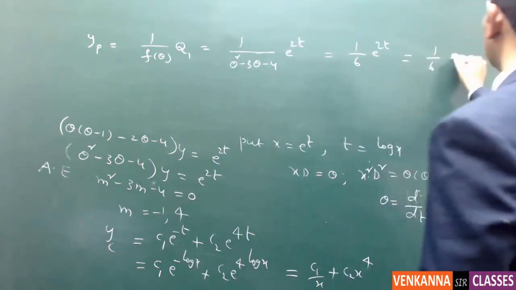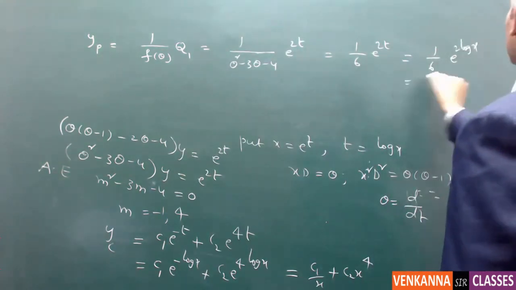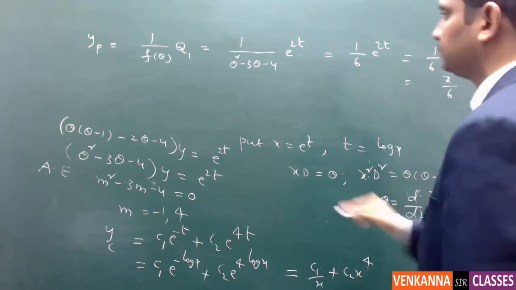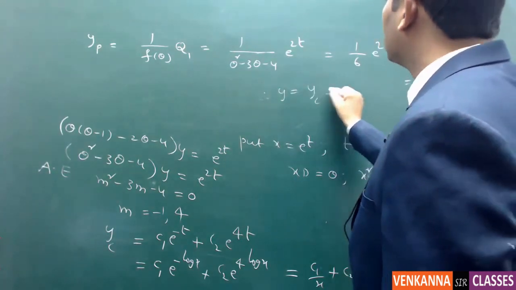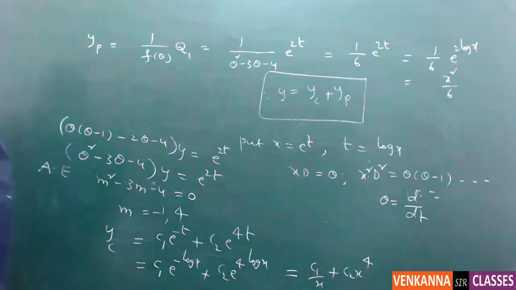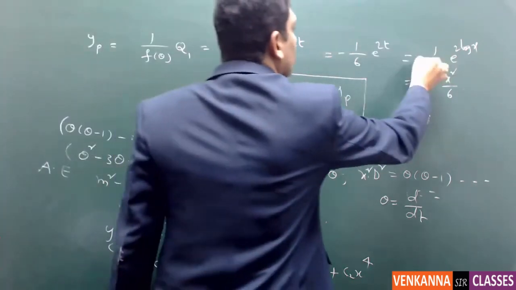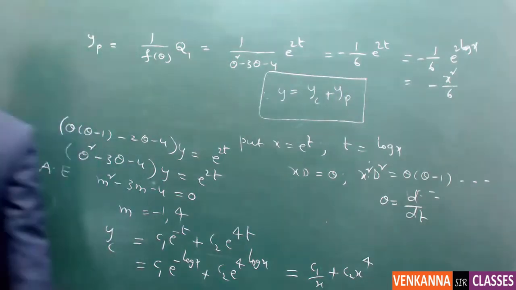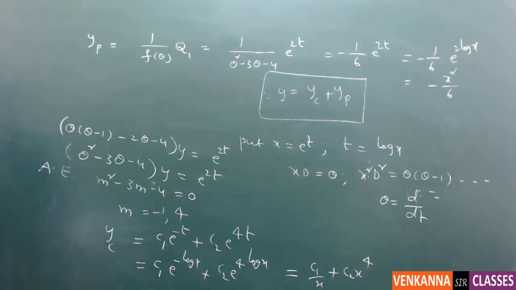This will be minus 1 by 6 into e power 2 log x, so minus x square by 6. Therefore, general solution is given by y is equal to yc plus yp. Please check that. Yeah, minus. So all of you agree with that?